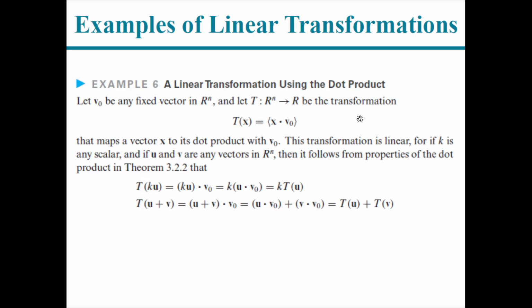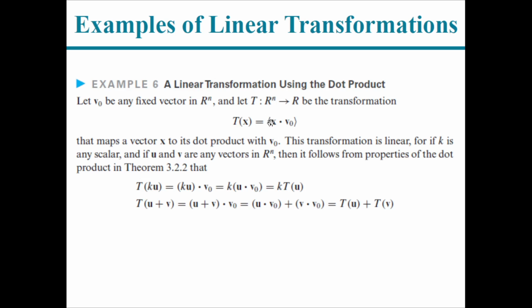Another weird one, we can pick a vector v0, let's say in R2 vector 1, 1 for fun, or any other vector you like, doesn't matter, you pick one. And then the linear transformation will be defined as a dot product between your cherished vector v0 and all the other vectors in R2, let's say.